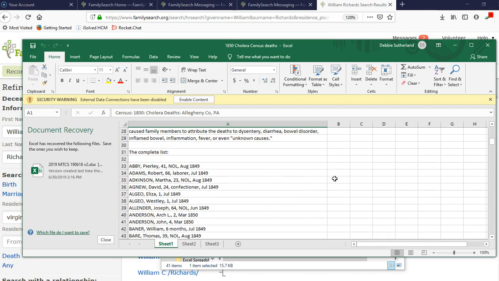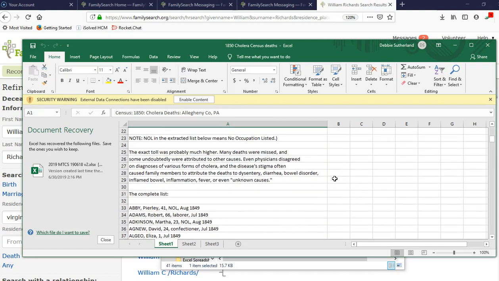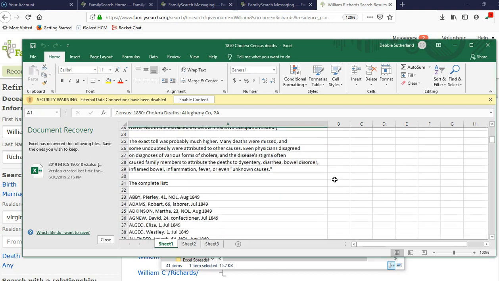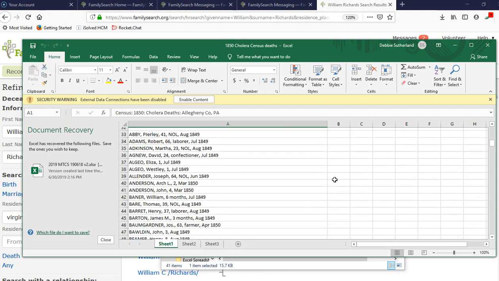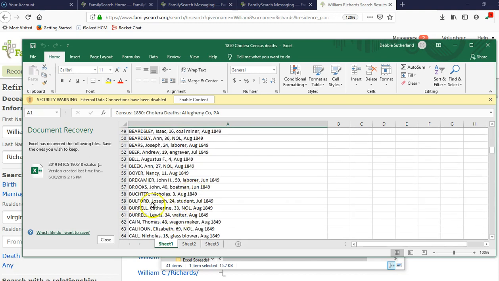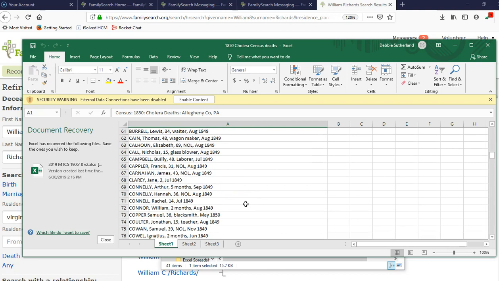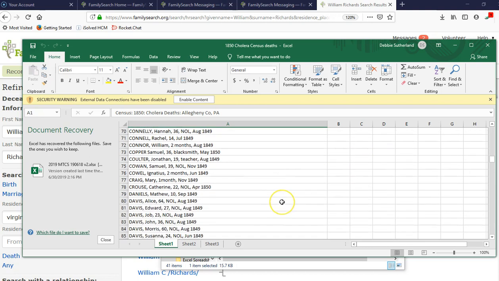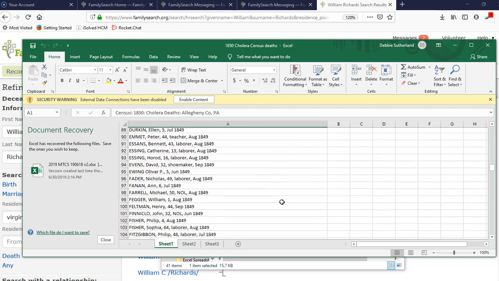So this is the exact toll, probably much higher. Many deaths were missed, it says. But this is people that died, and it tells you their first name, last name, their age, what they were doing, when they died. As long as they died between January of 1849 and January of 1850, they're going to show in this census.